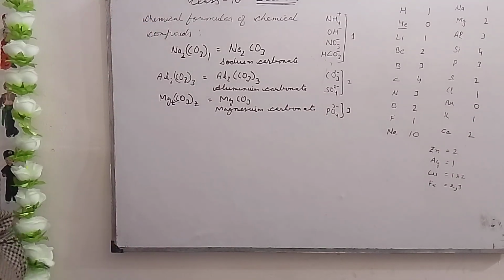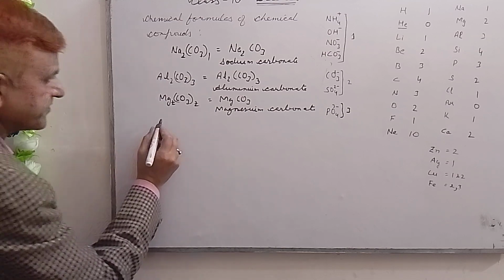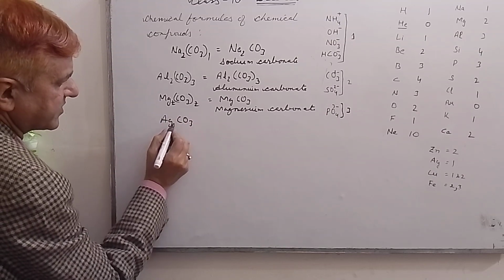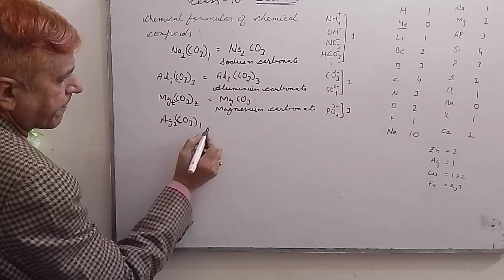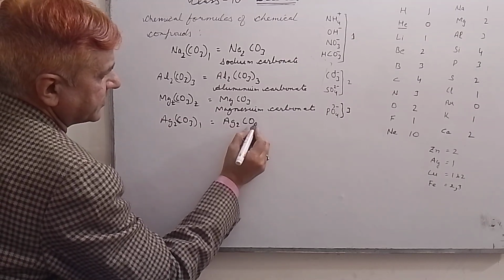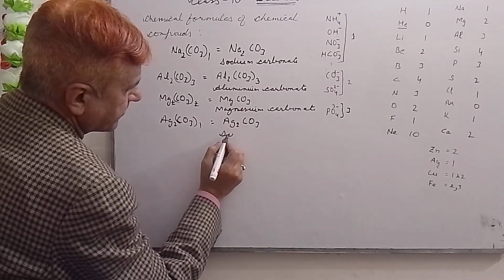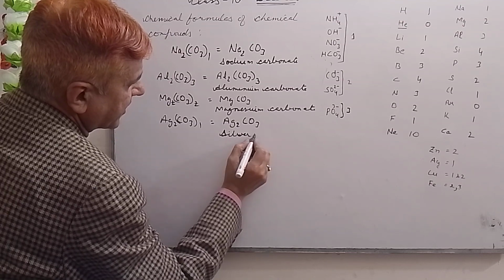Then we have silver carbonate. The valency of carbonate is 2, the valency of silver is 1. So this is Ag2CO3, silver carbonate.